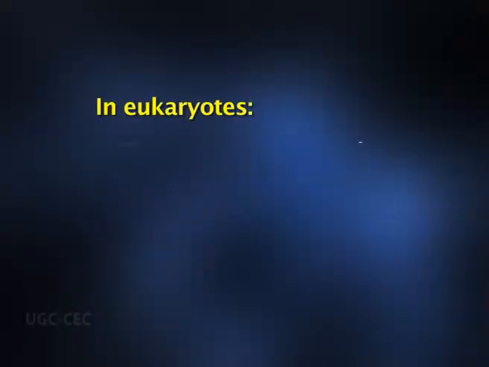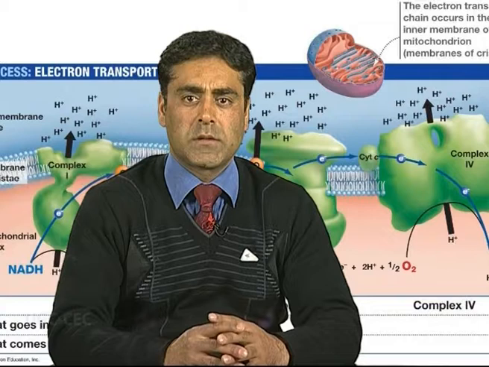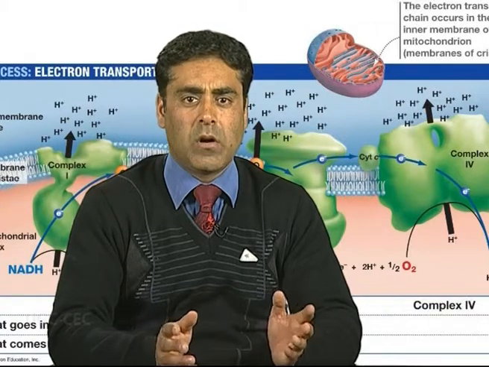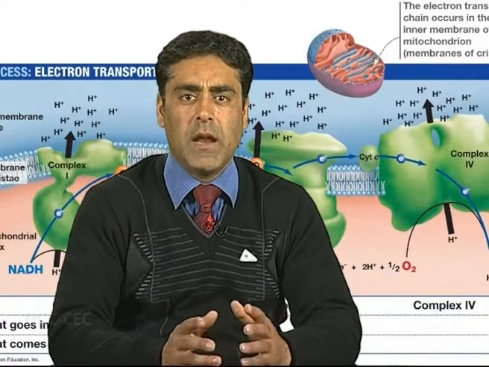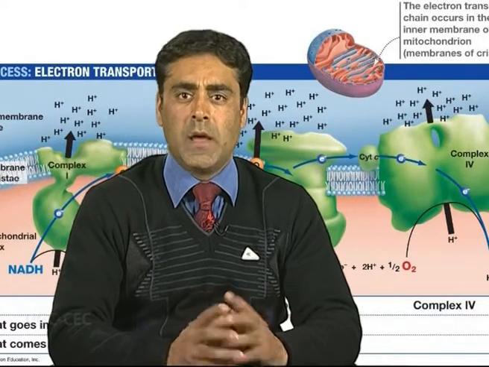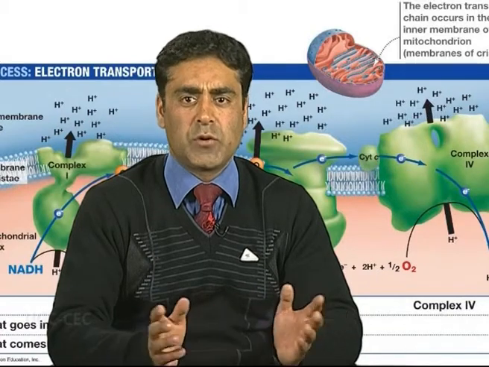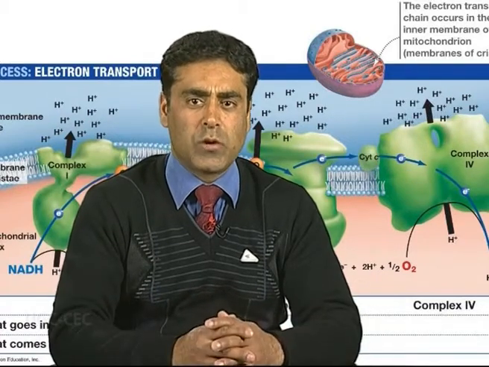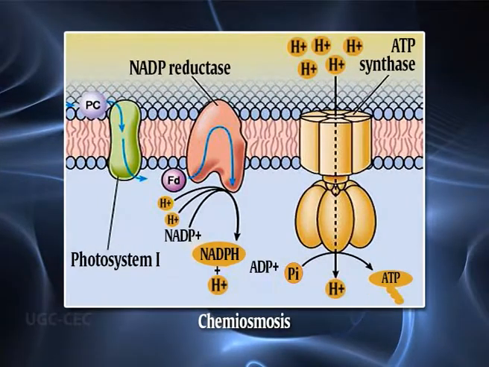In eukaryotes, 5 main protein complexes are involved, whereas in prokaryotes, many different enzymes are present using a variety of electron donors and acceptors. The energy released by electrons flowing through this electron transport chain is used to transport protons across the inner mitochondrial membrane in a process called chemiosmosis.